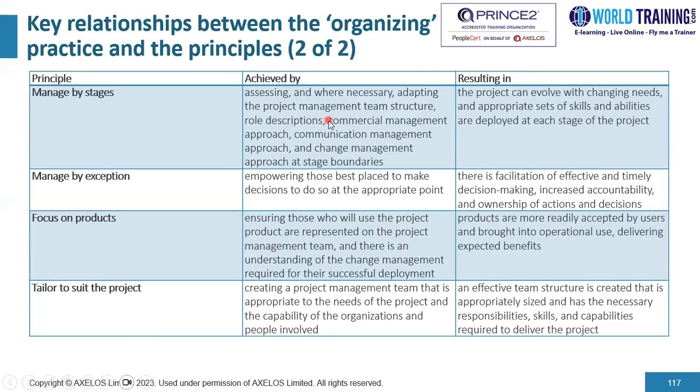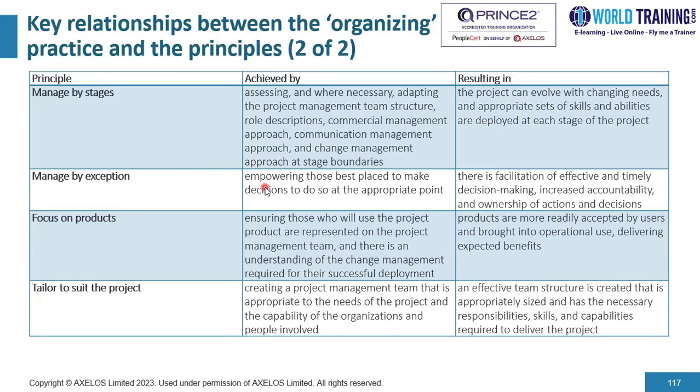And by doing that, we would have the following as a result. The project can evolve with changing needs, and appropriate sets of skills and abilities are deployed at each stage of the project. Now, moving on to another key relationship between the organizing practice and the principle of management by exception.